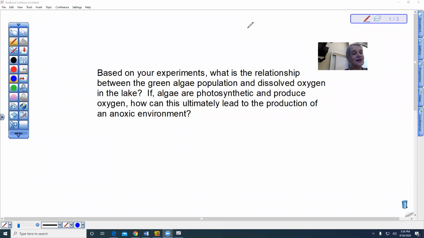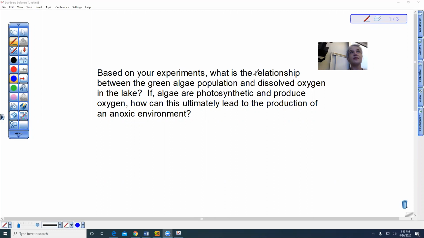Okay, so if you look at this question, it has to do with the relationship between algae and dissolved oxygen. Now, algae is actually a producer, so it is photosynthetic, and it produces oxygen. However, if there's an overabundance of algae, imagine a river in your town, like the Umatilla River.